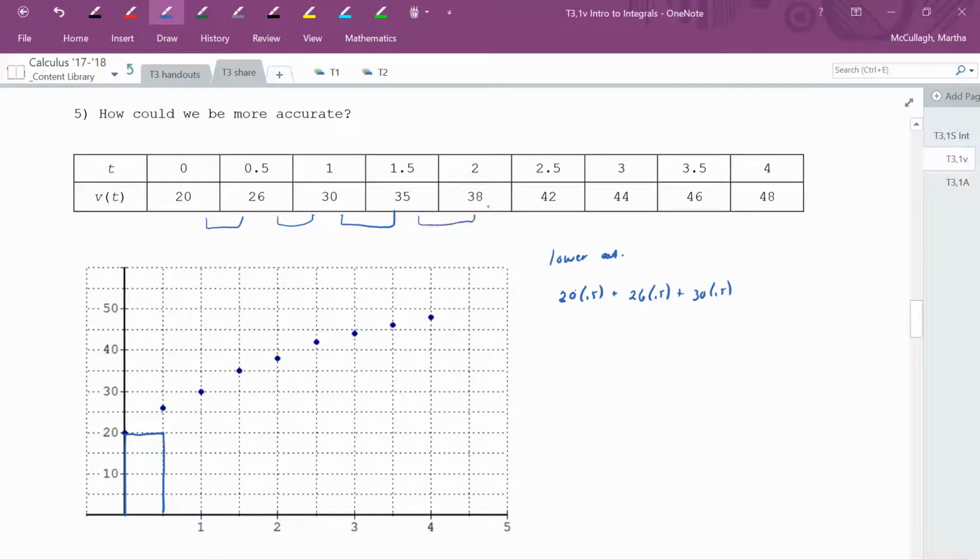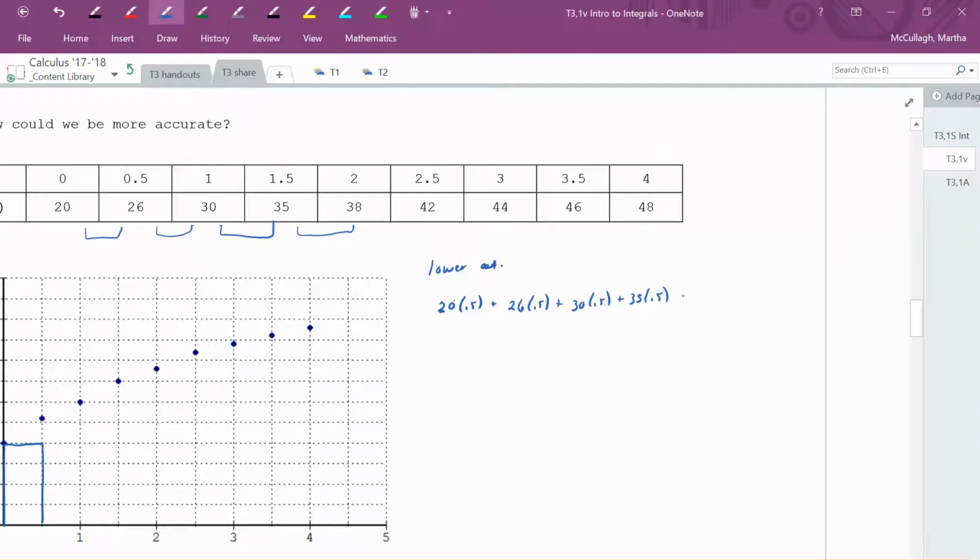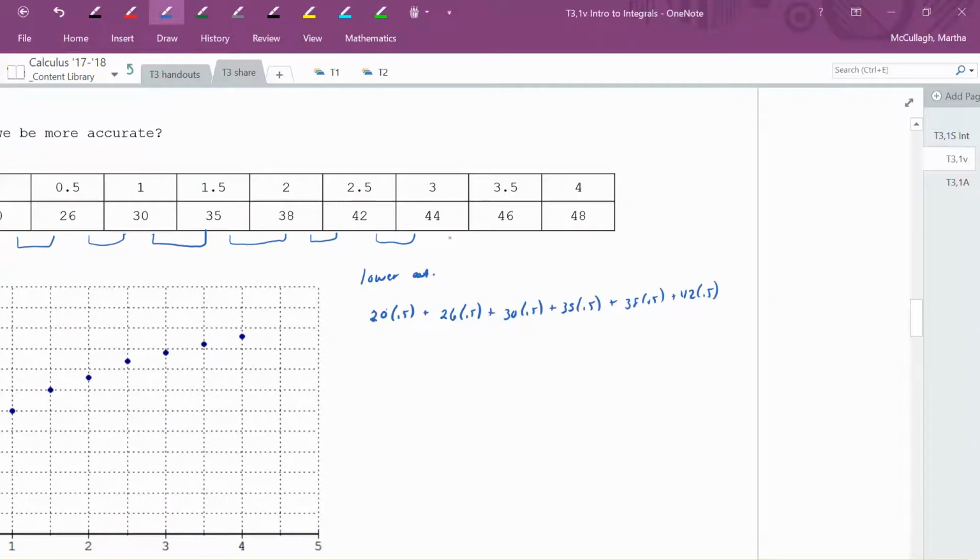And the lower number here is 35 times 0.5. And then the lower number here, 38 times 0.5. Lower number here, 42 times 0.5 plus 44 times 0.5. And lastly, 46 times 0.5.